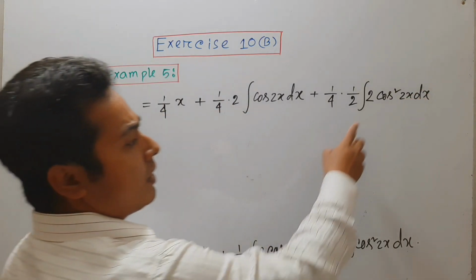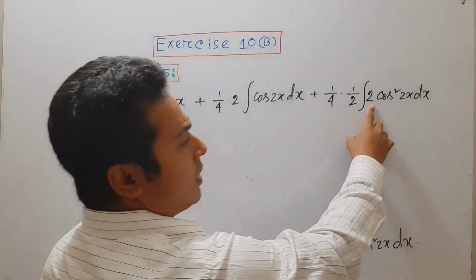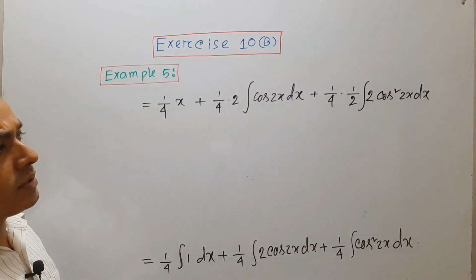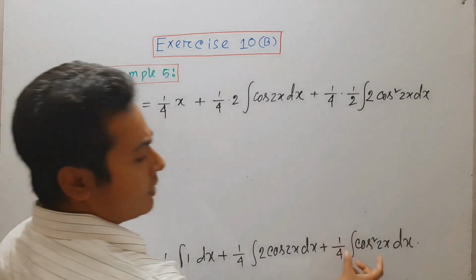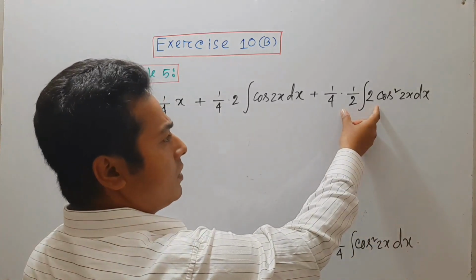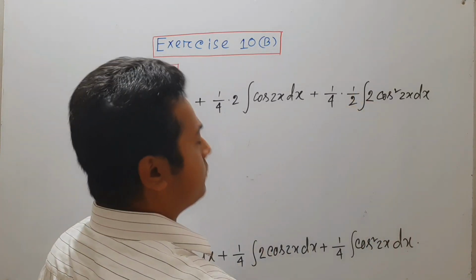Because we want to apply the trigonometric formula 2 cos square x is equal to 1 plus cos 2x, we can write this portion as half into 2.